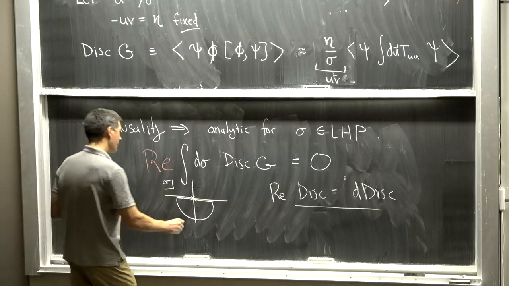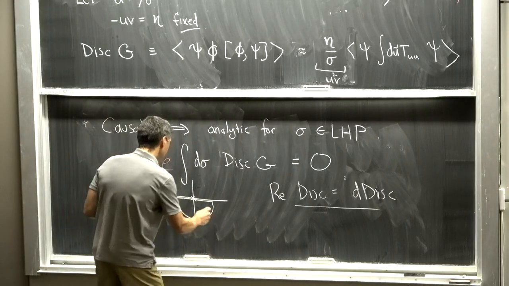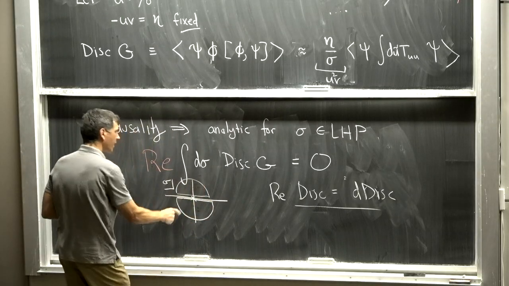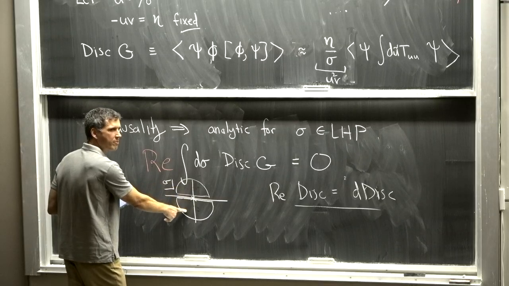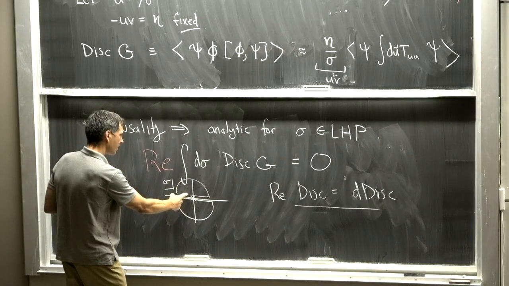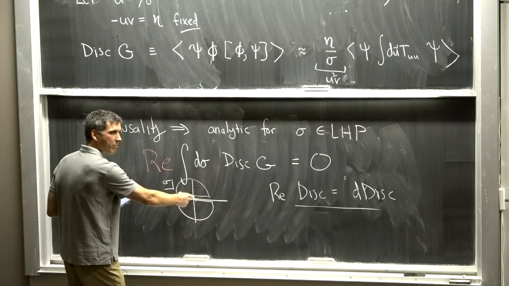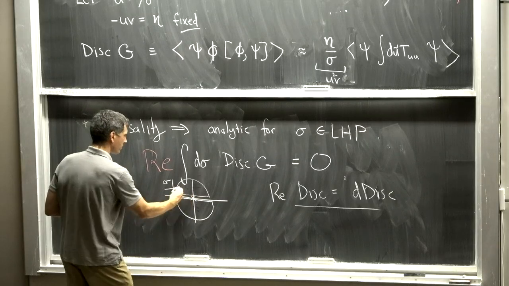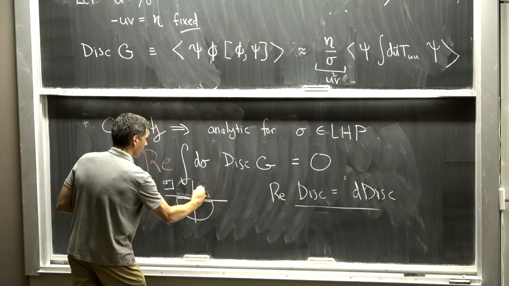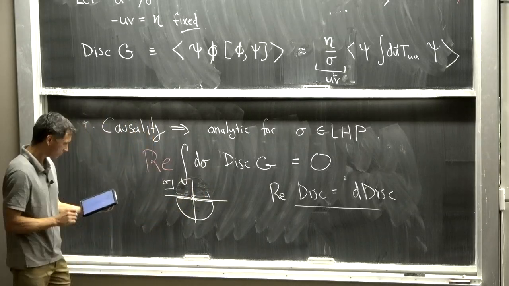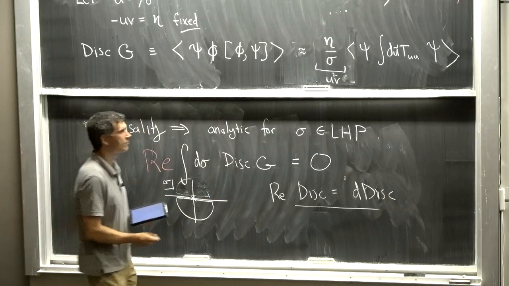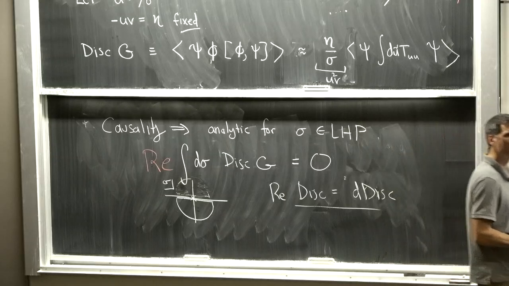What we did is we added a contribution from the top to a contribution from the bottom, and that gave us the double discontinuity, which was actually what we wanted, the discontinuity across this cut. So that's what we were after.